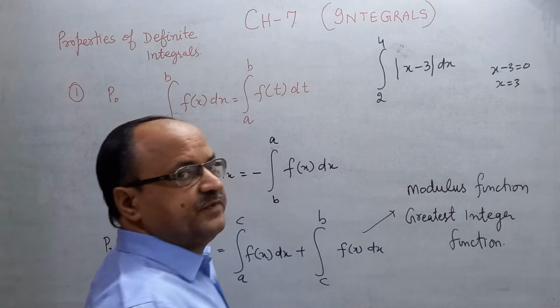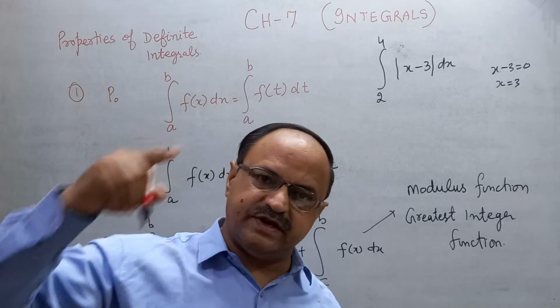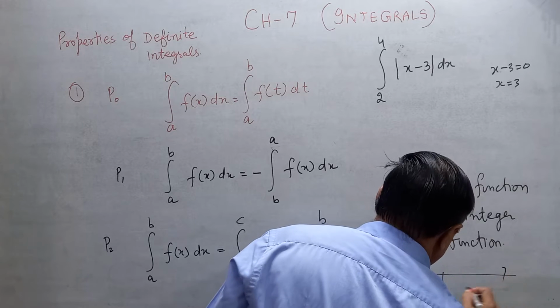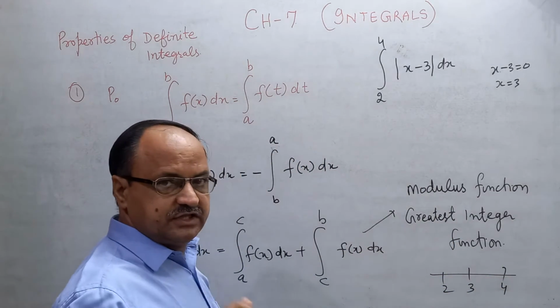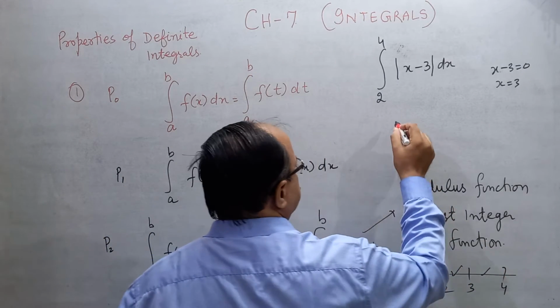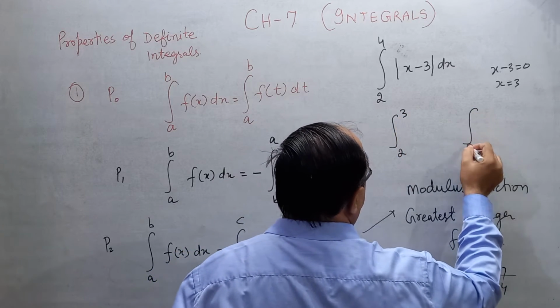It means 3 is the breaking point. Your limit is 2 to 4, and 3 is the breaking point. Then there are two intervals, that is 2 to 3 and 3 to 4.